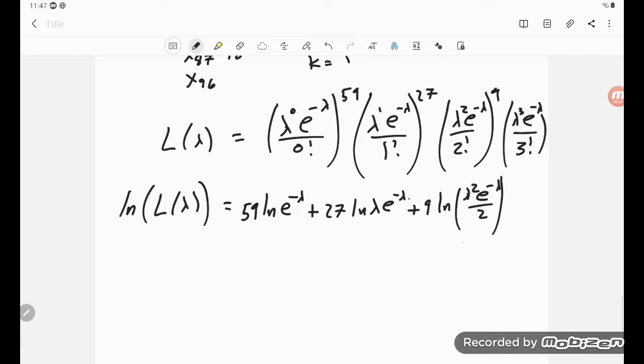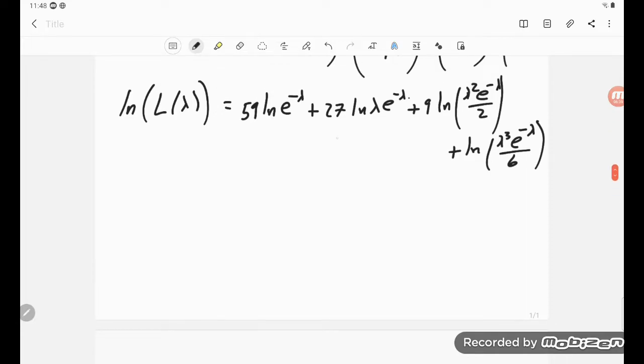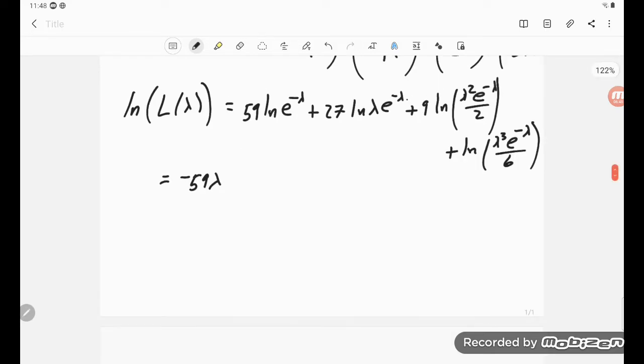And then finally plus natural log of lambda cubed e to the negative lambda over 6. Now, so I can rewrite that. That's just minus 59 lambda for that first part.